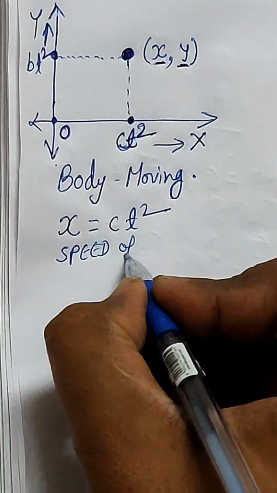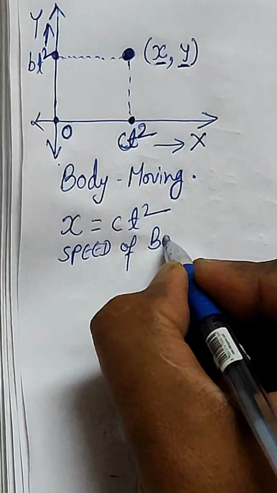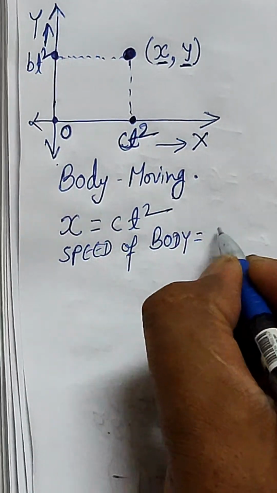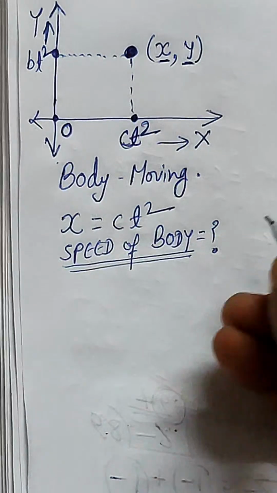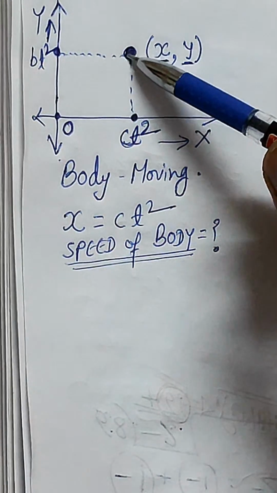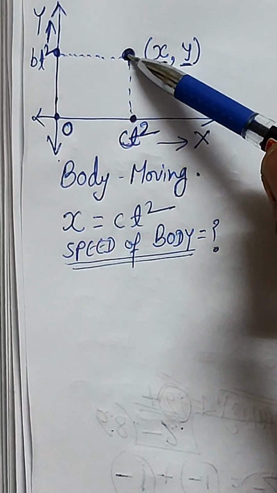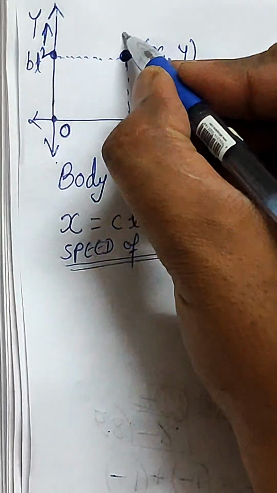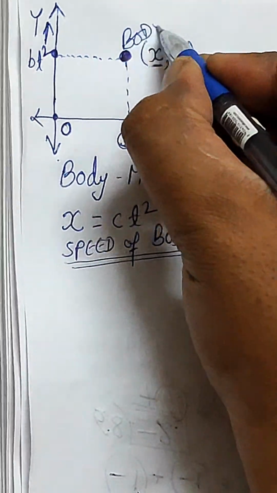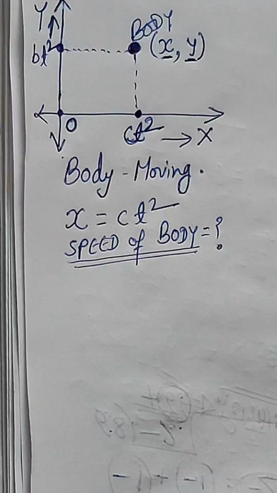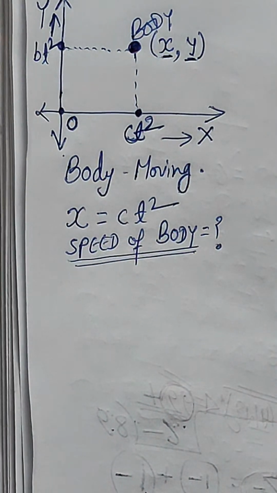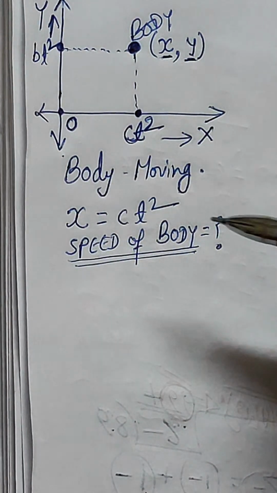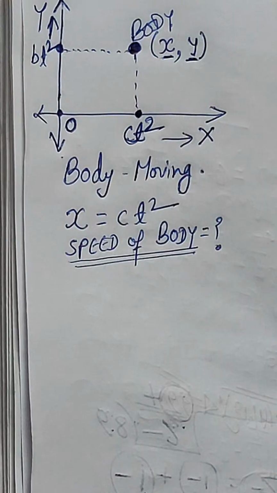Speed of that moving body is what? The only option which is given to you, the coordinates of that particular moving body, this is the body at a particular instant of time, right? So these are the x and y coordinates given to you. Now you need to find the speed, right?